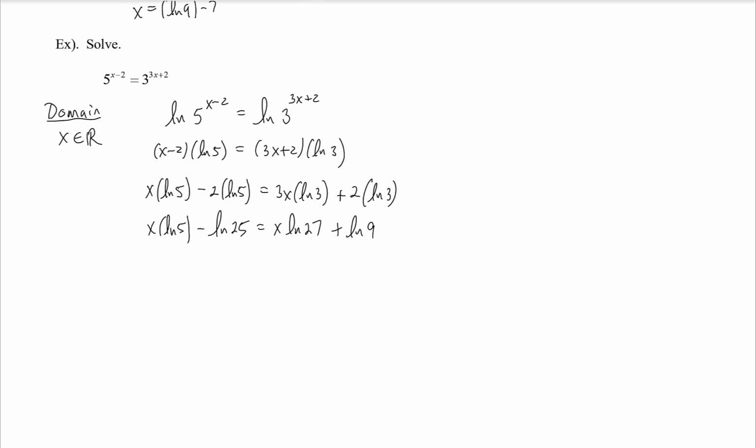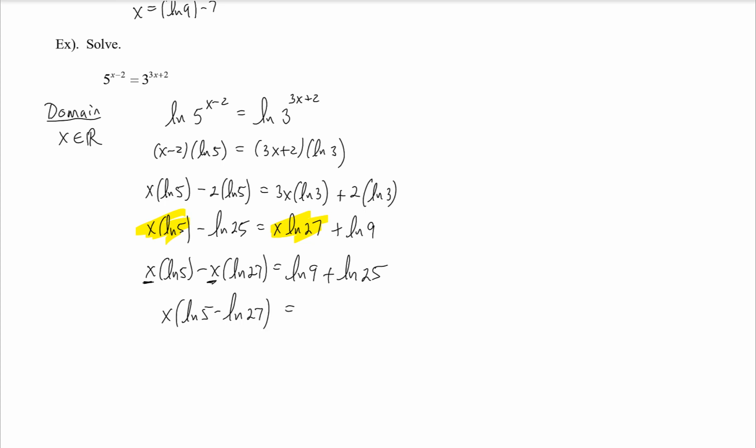Well, I've got some like terms, right? These both have an x, so I'm going to bring those to the same side. Then I'm going to add the natural log of 25 to the other side. Now notice they both have an x, so that's the greatest common factor. And we're almost done.